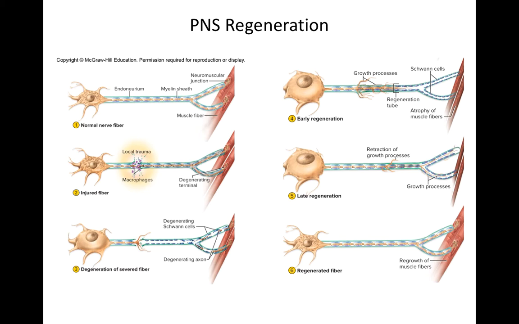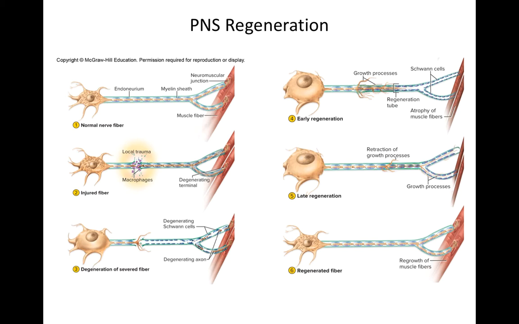Now, if you injure a neuron in the central nervous system, so the brain and the spinal cord, this can't happen. There is nothing out there to help regenerate the axon if it is damaged, because the myelin sheath is just a piece of cytoplasm that's wrapped around it. The cell body of the oligodendrocyte is a little bit further away from where the injury would occur.